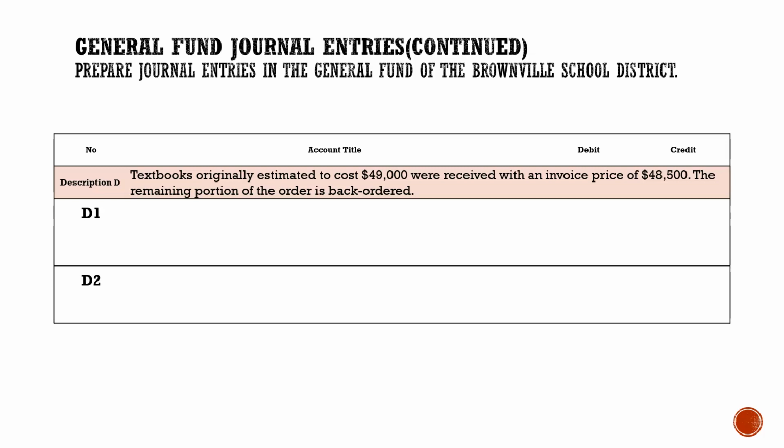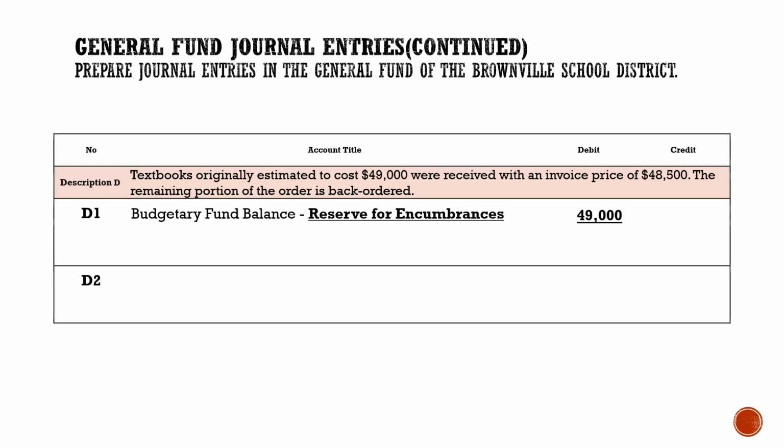We haven't received it. So when we unencumber this, which is the first thing we're going to have to do, we're only going to unencumber the estimated $49,000, what we actually received, right? So, they may do that by the number of books that you received. Say, each book costs $5.70 and you received $49,000 worth of those books.